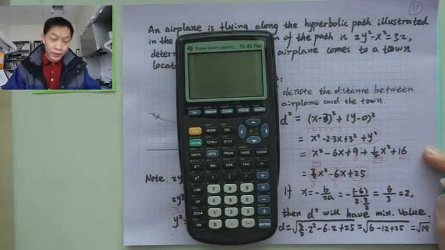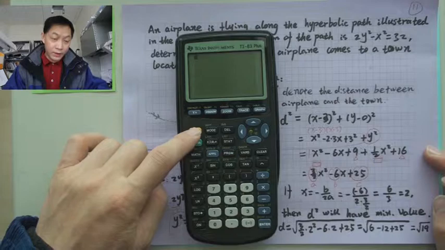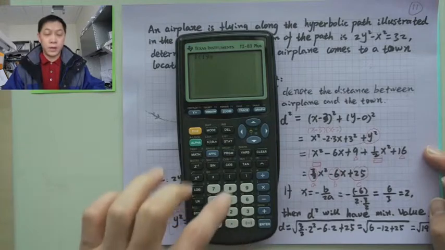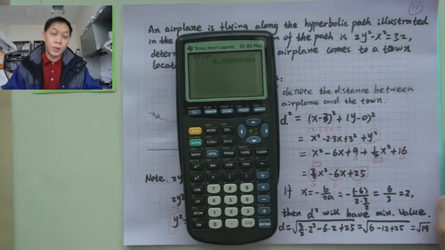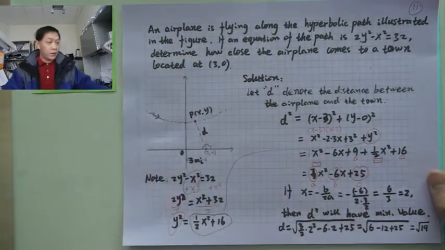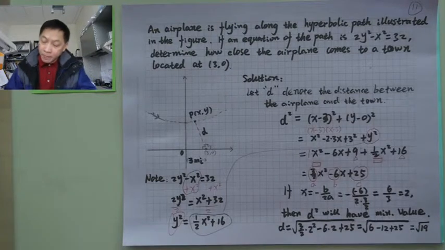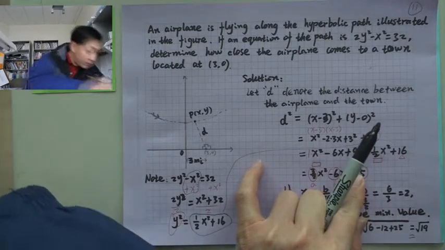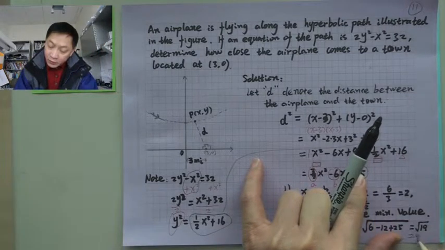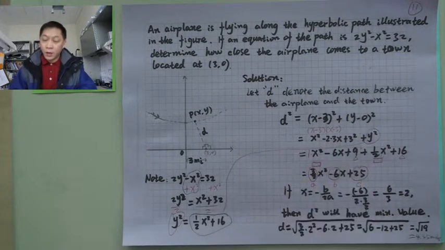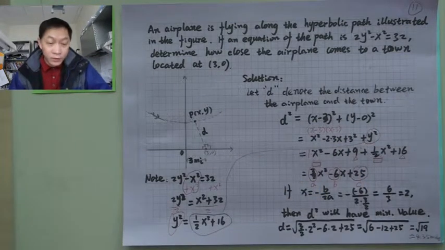You do the square root of 19, and it's about 4.35 miles. You may write approximately 4.35 miles, or you may leave it as radical 19. It depends.